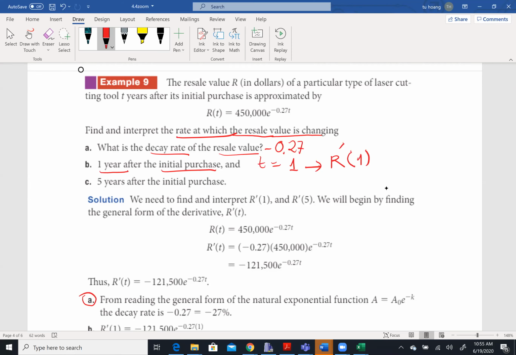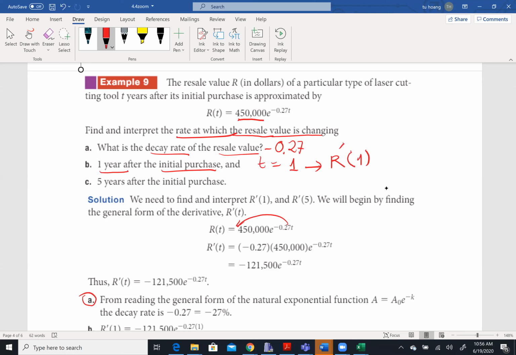Okay. So in order to find R prime, the derivative of resale, you have to notice that we have this constant 450,000. It has to stay, and then apply the special case above. You're going to leave negative 0.27 in front of the function.